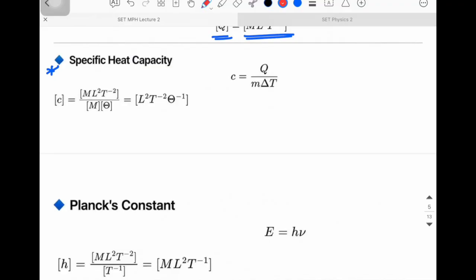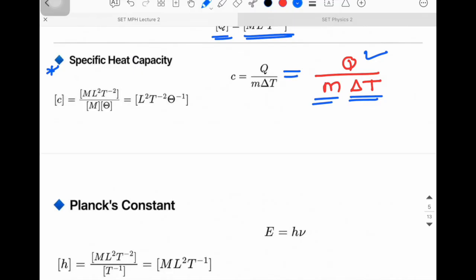That is the specific heat. So its formula is heat given to the system upon mass of the system into change in the temperature. We have given Q amount of heat, its mass is m, and when we give Q amount of heat, its temperature is increased by delta T. So this is its formula.